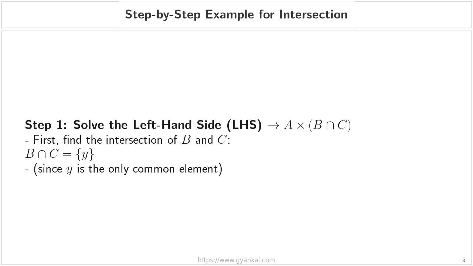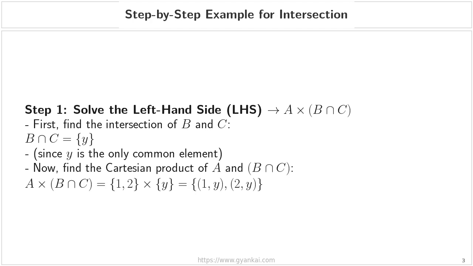To do this correctly, we must follow the order of operations, starting inside the parentheses. First, we need to find the intersection of set B and set C. Looking back at the sets we defined on the previous slide, we can see that the intersection of B and C results in a set containing only y, because y is the only common element shared by both sets.